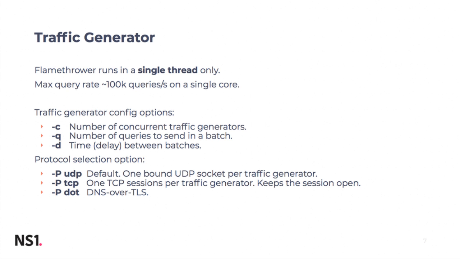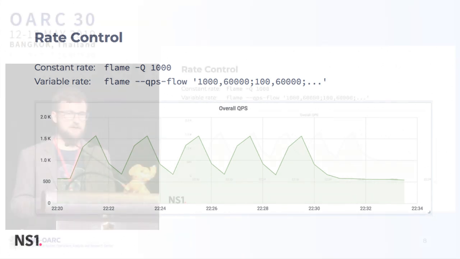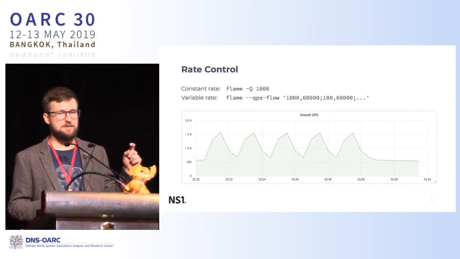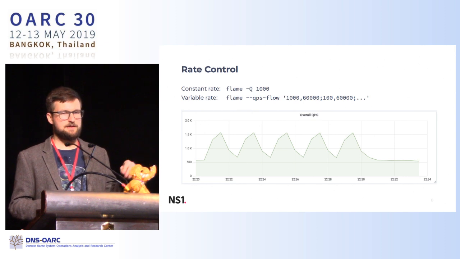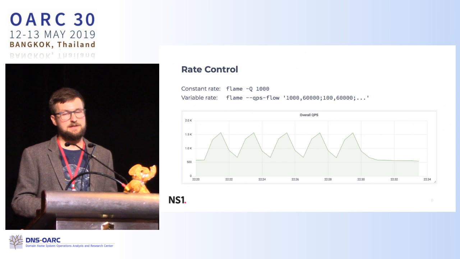But if you need more granular control of the QPS, you can use these additional parameters that enable rate limiting of the output packets, essentially. The algorithm it uses is just a simple token bucket algorithm.